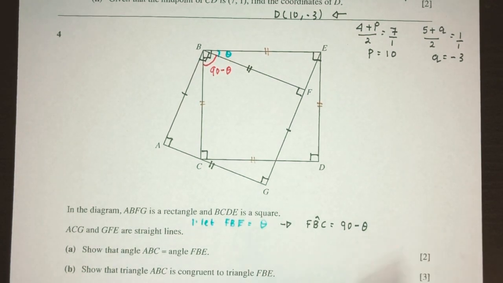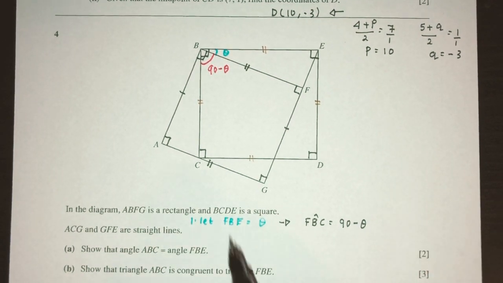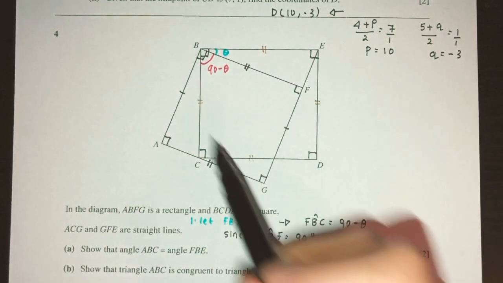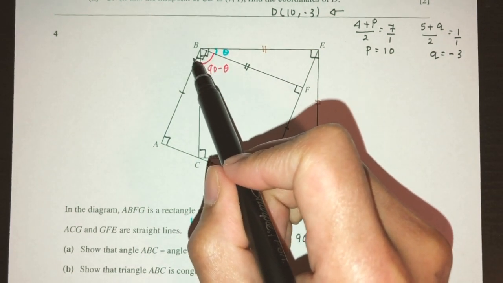Okay, so from here we know something else. We know the angle ABF is 90 because it is a rectangle, and this angle here has to be 90.